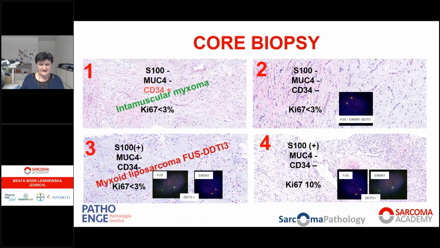So let's say these two tumors we solved. These two are myxoid liposarcomas with two different translocations, and in the fourth tumor, not only the translocation was found, but also some more cellular areas next to these, which let us diagnose the tumor as containing a round cell component.